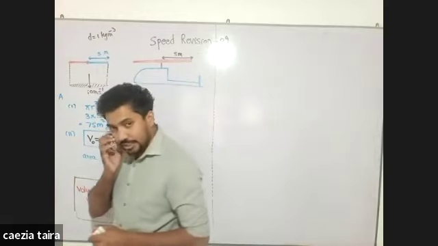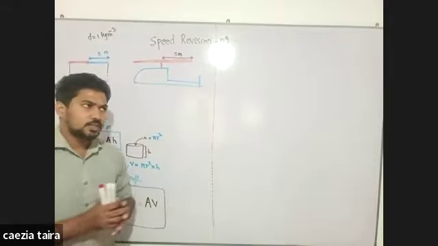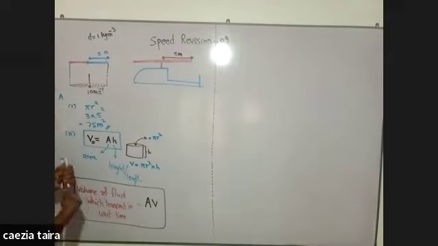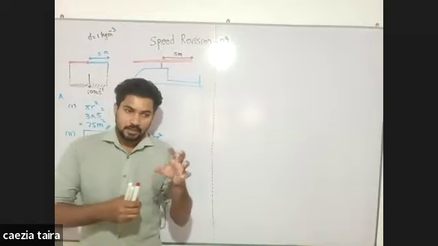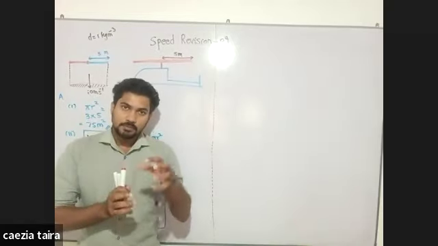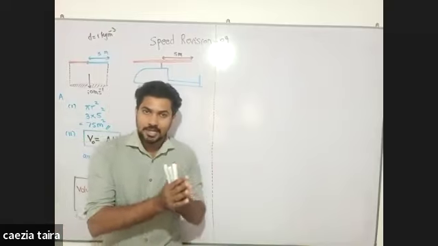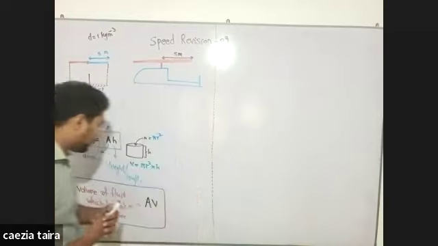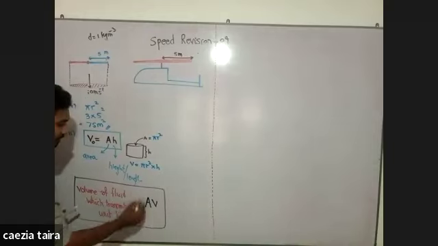And there's another equation to obtain the volume of a particular fluid, right? I think you have solved this kind of questions. The volume of the fluid which is transmitted in unit time can be obtained by substituting this equation.